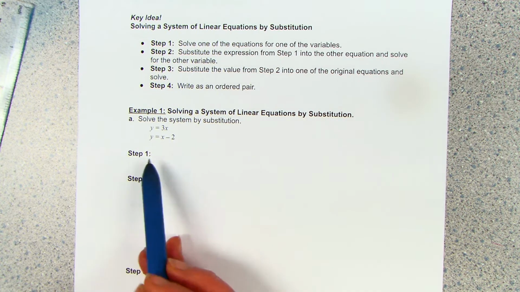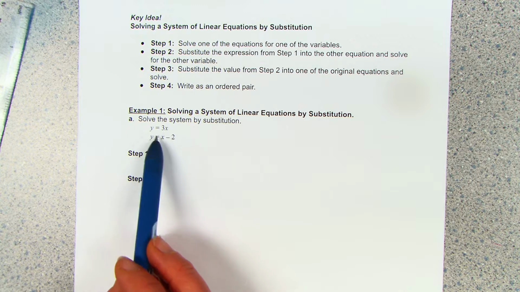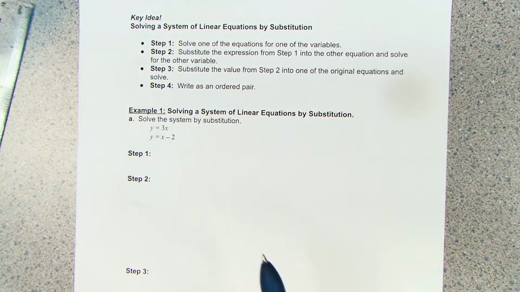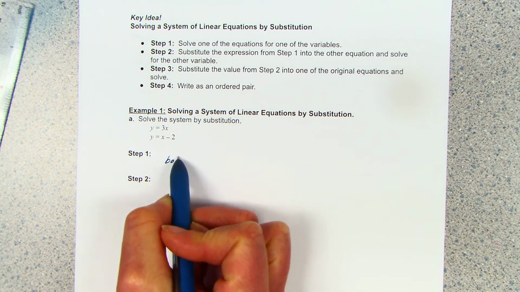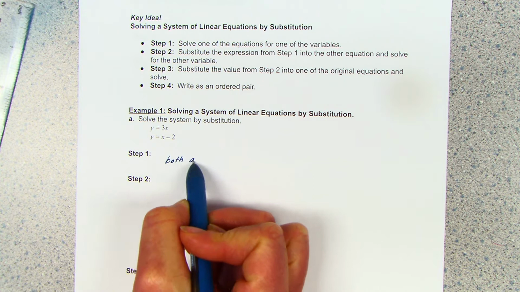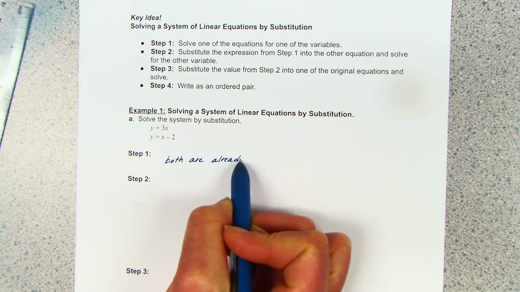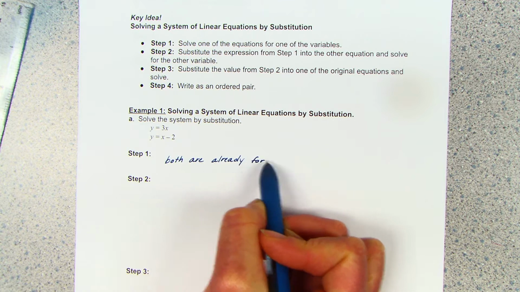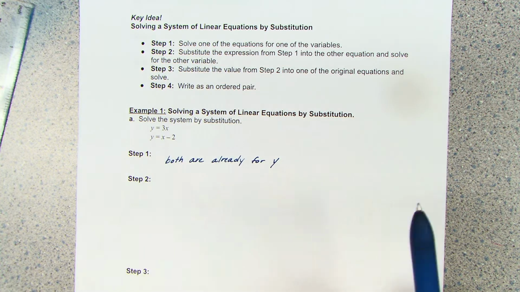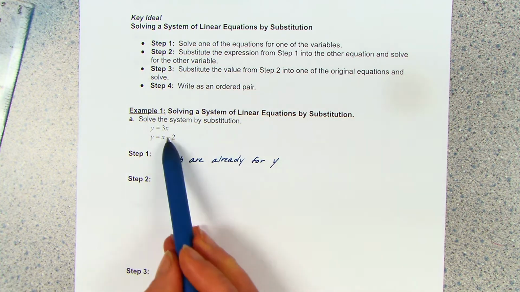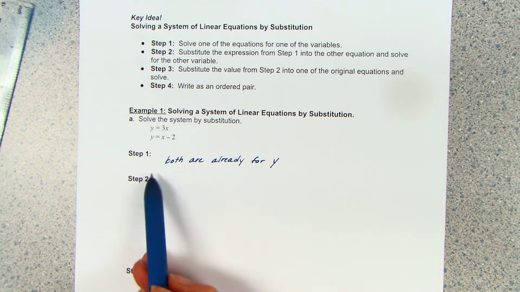Okay, so the first thing you have to do is solve one of the equations for one of the variables. Both of these equations are already solved for y, so step 1 is done for us. Step 2, substitute one of these expressions into the other equation, and either way works.